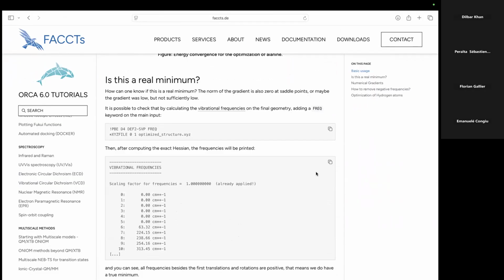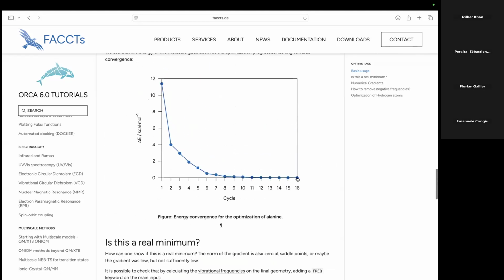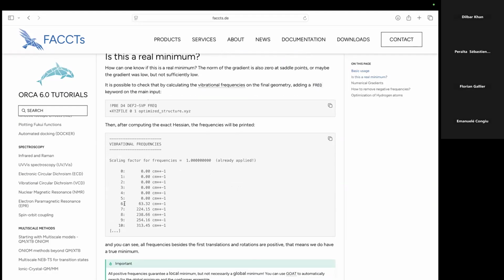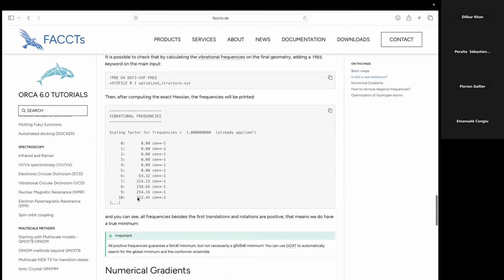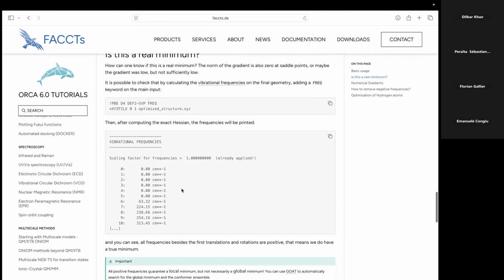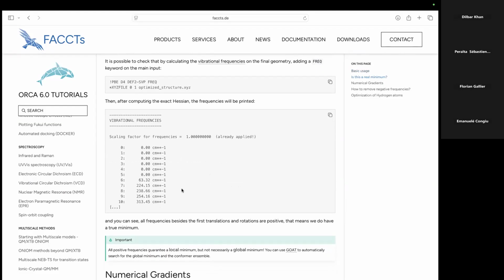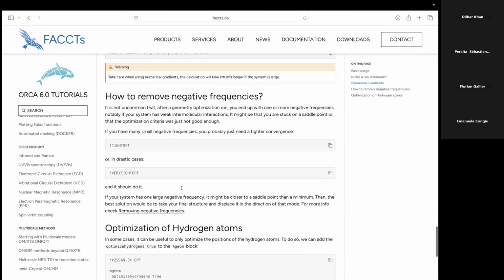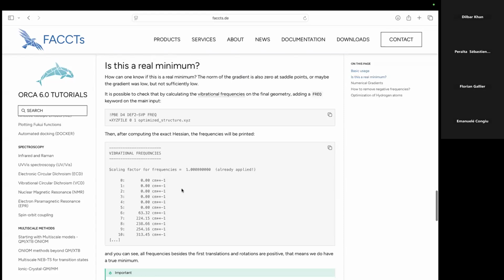If it is in the minimum, if you run the frequency calculation, you will find all positive values and no imaginary values. Sometimes during the optimization you may get stuck in transition states. So sometimes it happens. Therefore, you must really run a frequency calculation to make sure that you are in the local minimum.